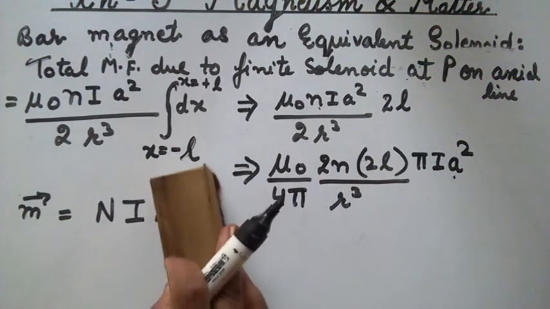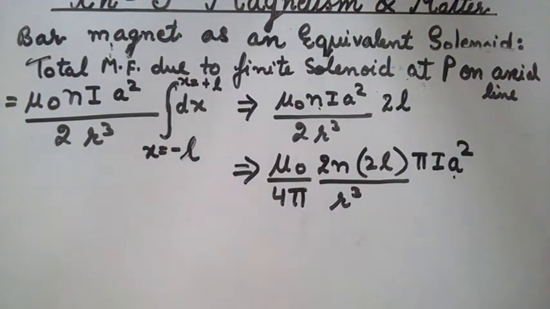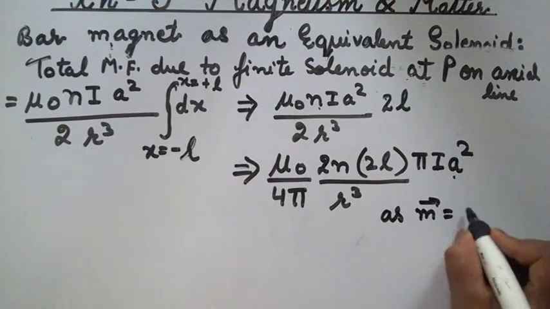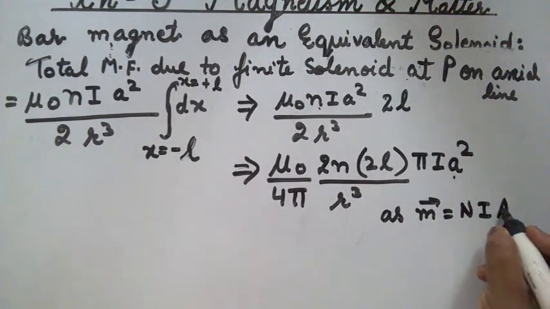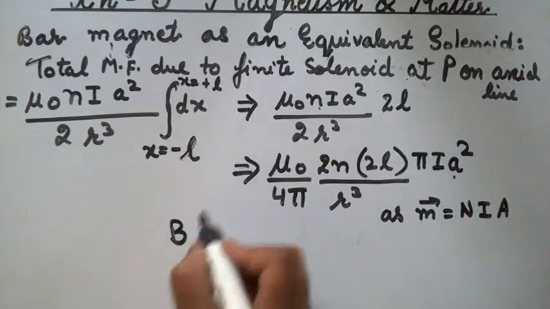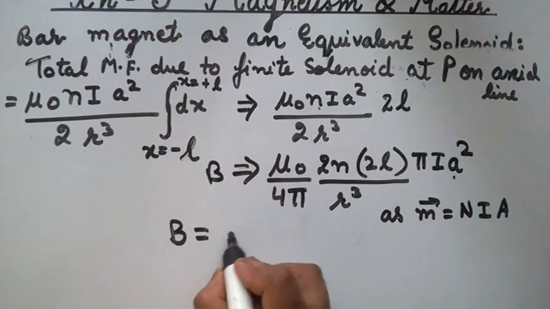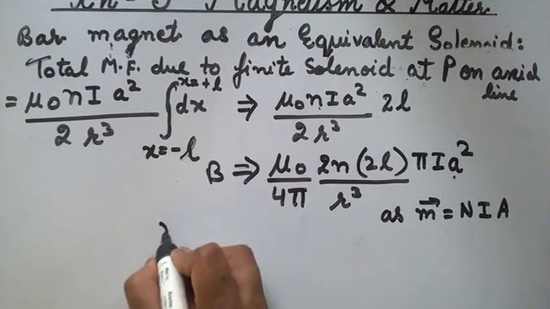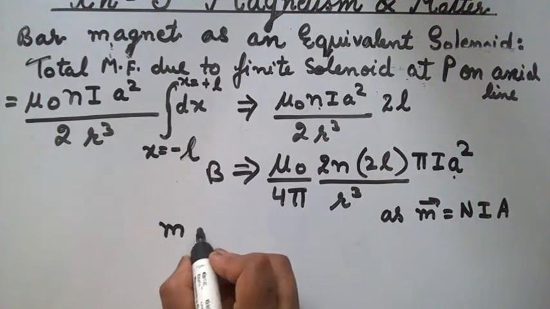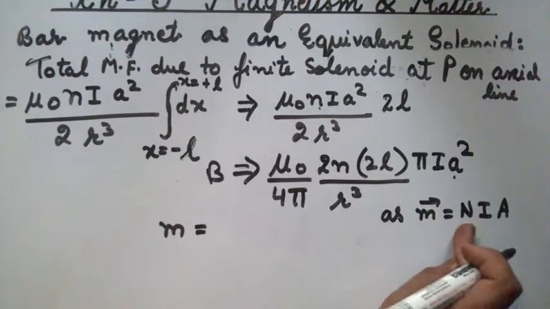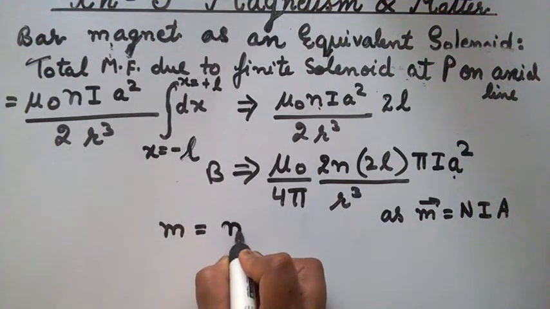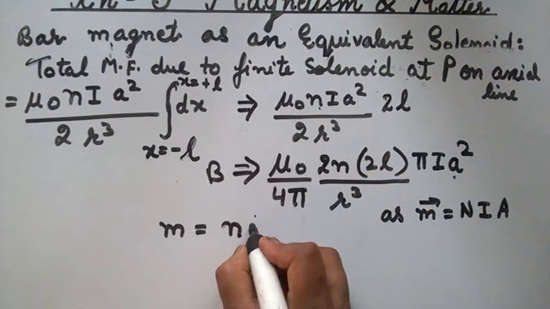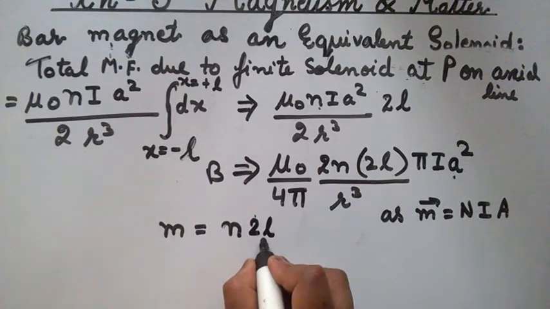The number of turns N is equal to the number of turns per unit length into the total magnetic length, n into 2L.